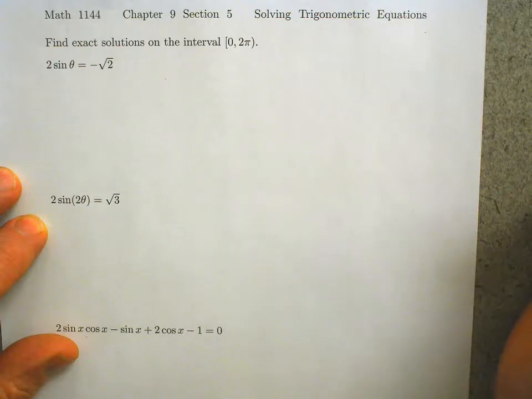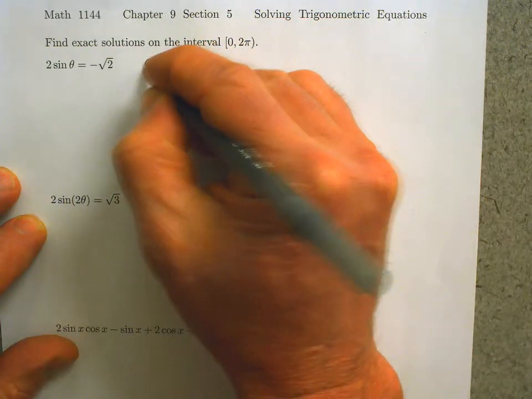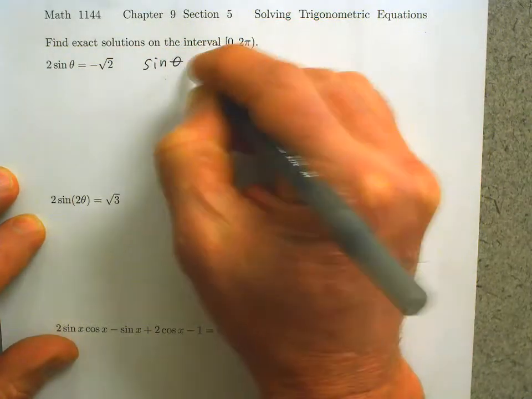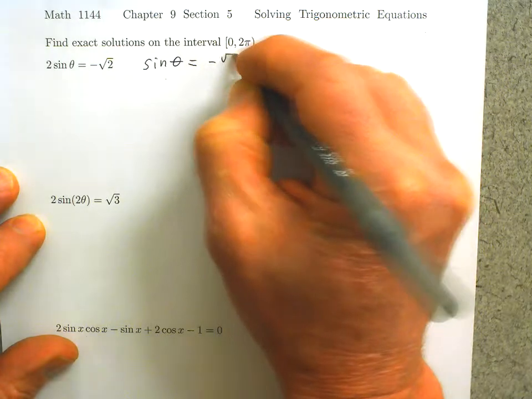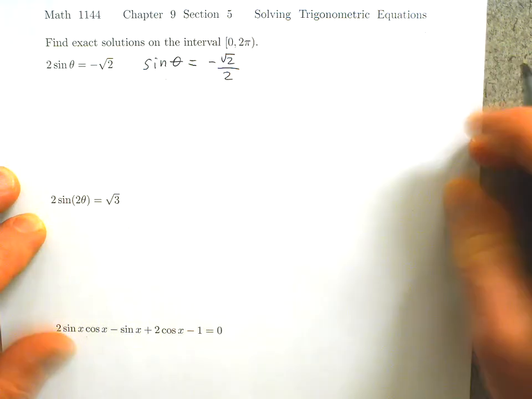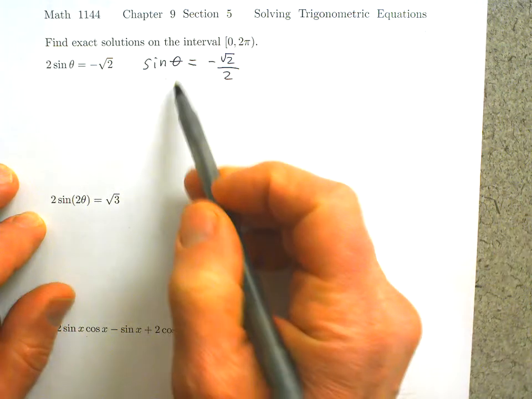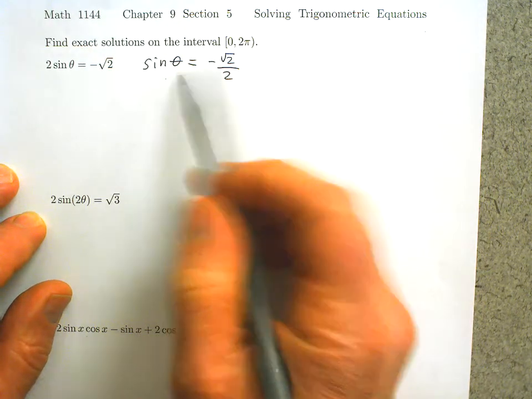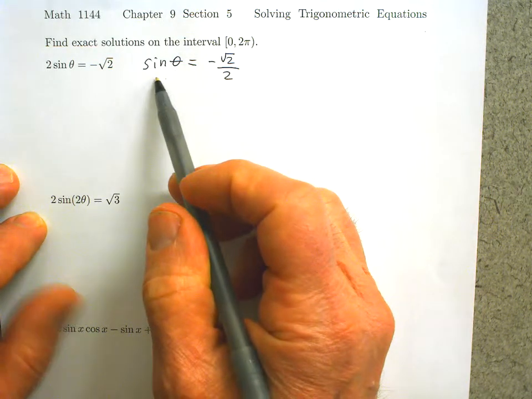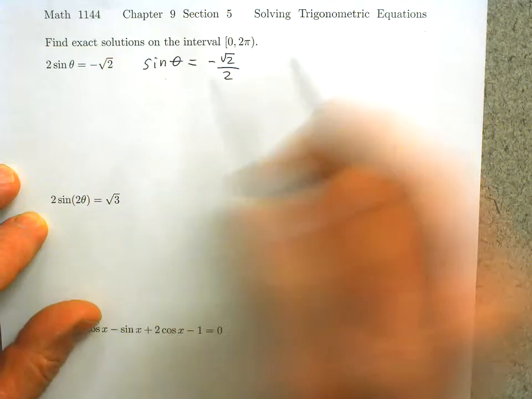First, divide both sides by 2, and we get sine of theta equals negative square root of 2 over 2. And we know two numbers between 0 and 2 pi where sine of theta is equal to negative square root of 2 over 2.